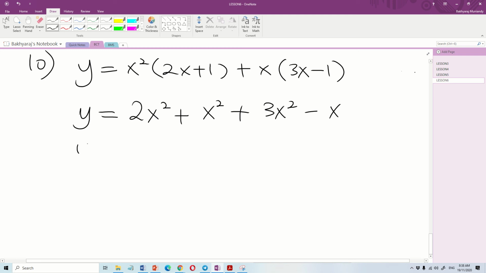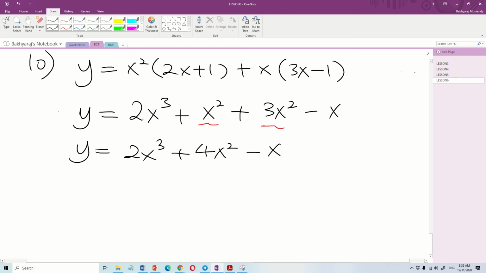Okay, so finally y equal, ini salah ni, ini power of 3, sorry, actually power of 3. 2x power of 3 plus x square, 3x square minus x. Okay, so ini akan dapat 2x power of 3. Okay, dua ni sama dah. So, kalau dua ni sama, then it becomes plus 4x square, minus x.